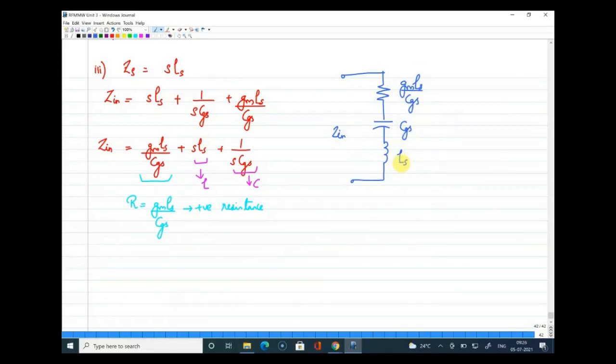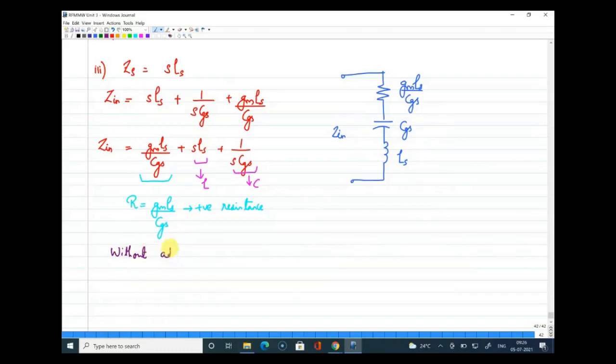So what is the beauty of this circuit? We did not add any physical resistance, but even without adding a physical resistance, we are getting a resistive component, and that is without any noise, right?